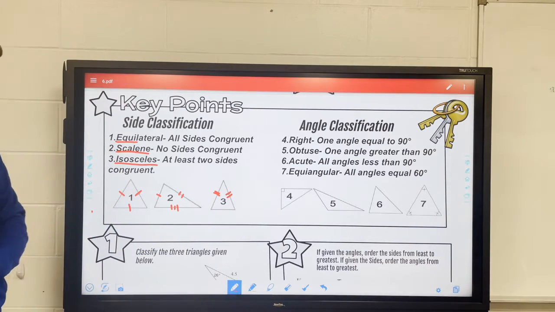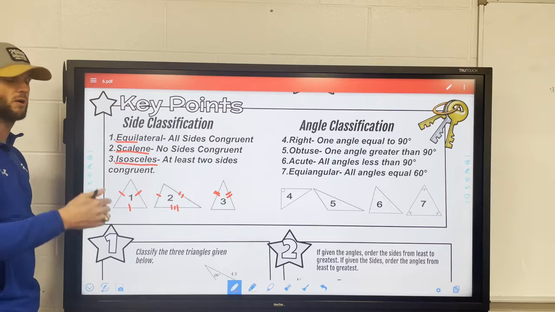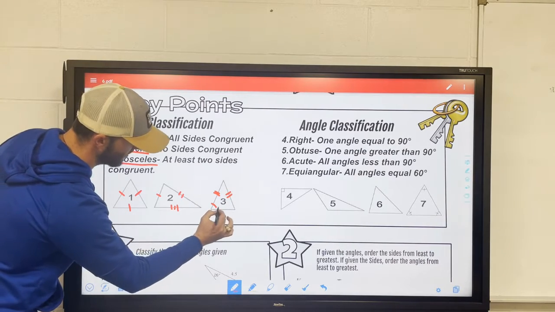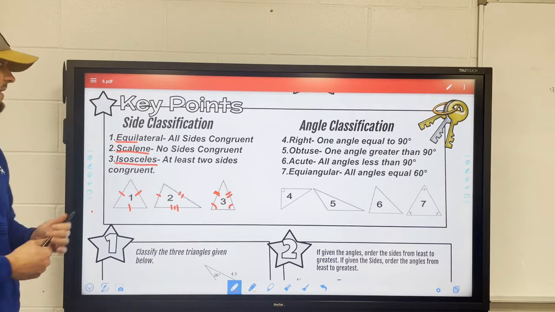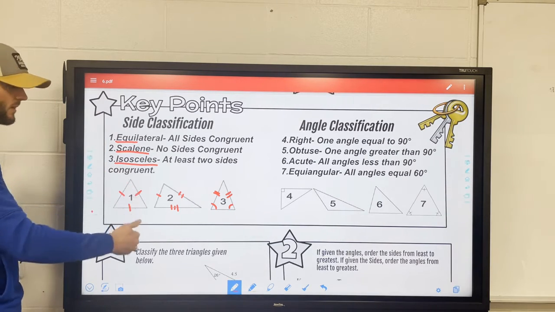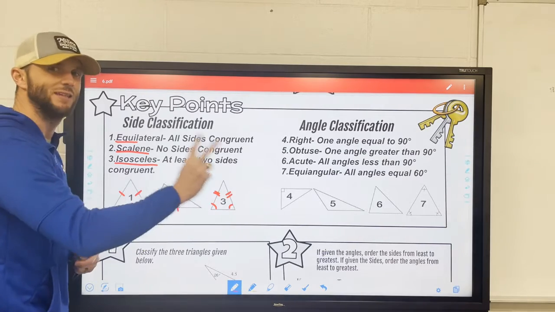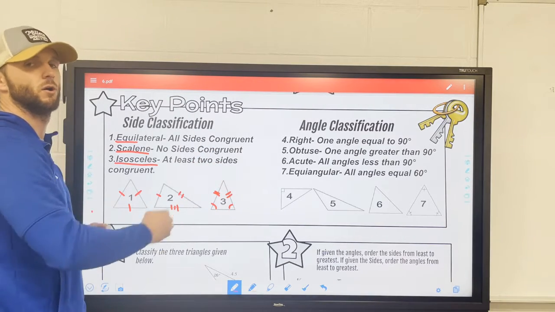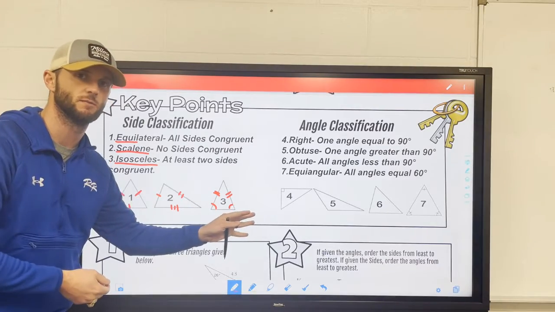And just to go back, I know that the base angles of an isosceles triangle are also congruent. So this angle and this angle are going to be congruent because those are the base angles. Okay? So again, side classification: equilateral, all sides. Scalene, no sides. Isosceles, at least 2 of those sides are congruent to each other. So these are going to be all of your side classifications. Okay?